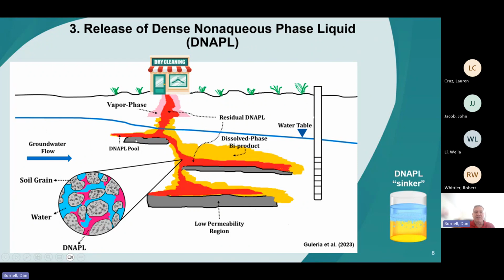It may be trapped on top of these lower permeability zones, but it may follow these preferential transport pathways that have higher permeability and become trapped at different levels and depths below land surface, and may then be trapped on top of these low permeability regions. If we zoom in, we can see that in some areas these solvents as a separate phase can become attached to the mineral grains and the sediments.